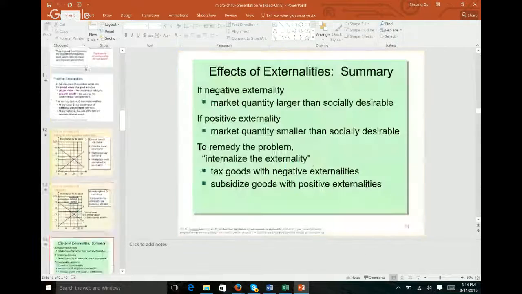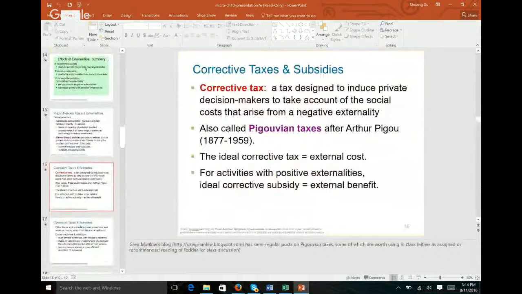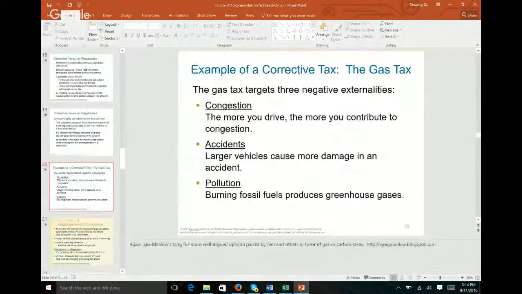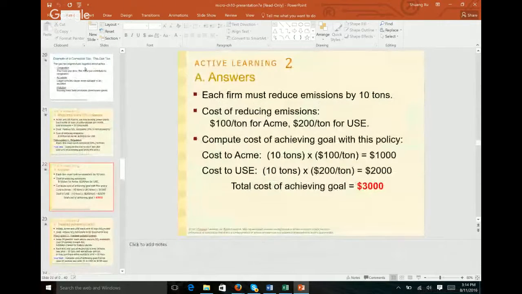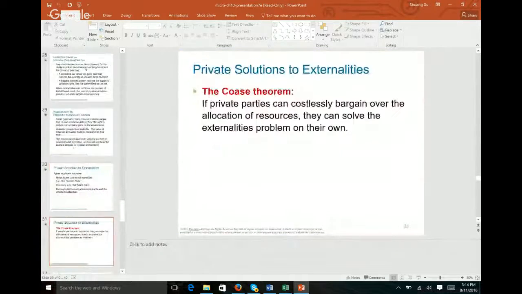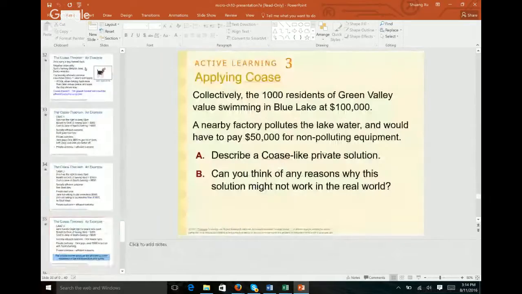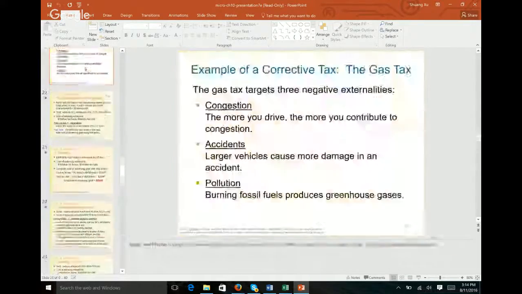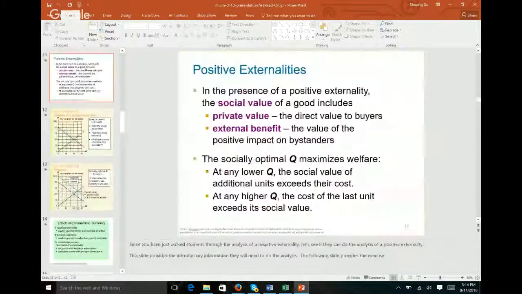Okay. Let's see. So know what's a corrective tax and know what's a negative externality. So positive, negative, know what those are. Let me see what else you need to know. I think that's it. Oh, also make sure you know how this graph works. Here we go.